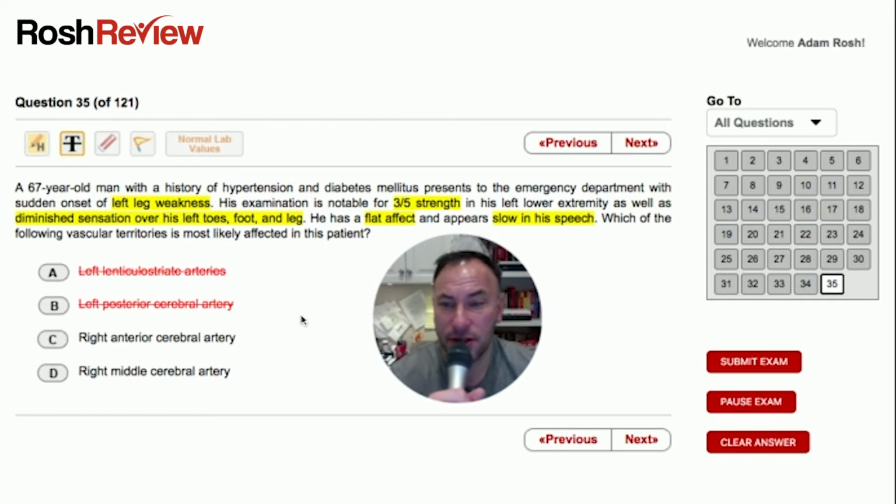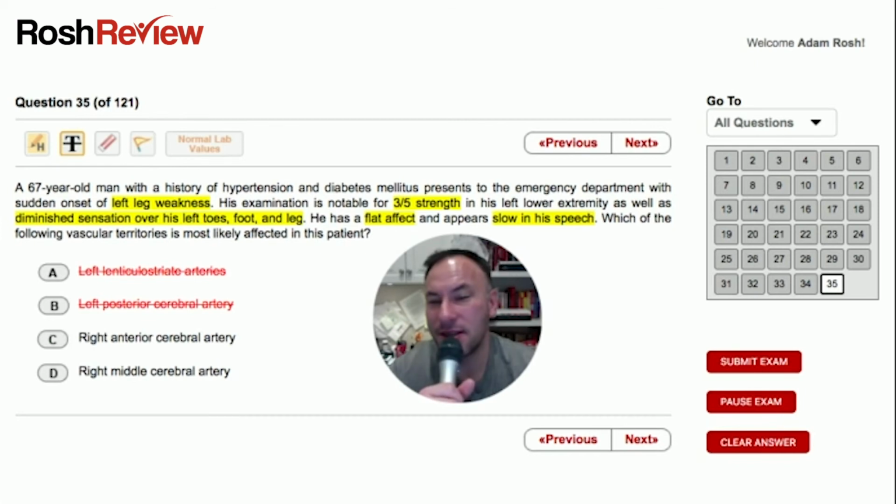Now we're on answer choice C, right anterior cerebral artery. So this one's seeing pretty consistent here. And we're left with C and D, right middle cerebral artery, also associated with motor and sensory loss. So, this is definitely a possibility as well.